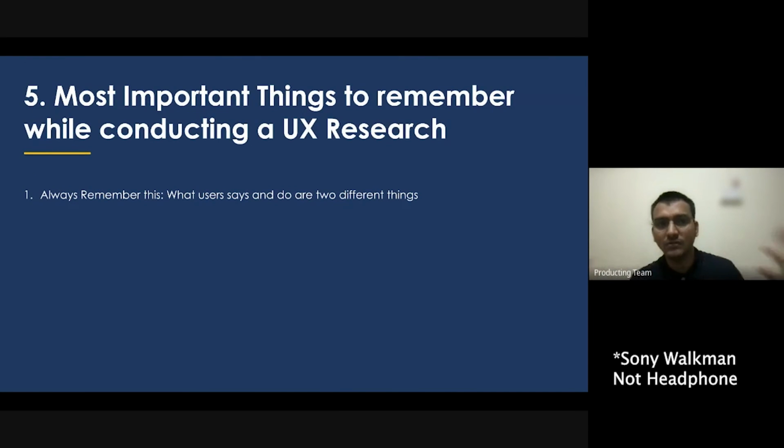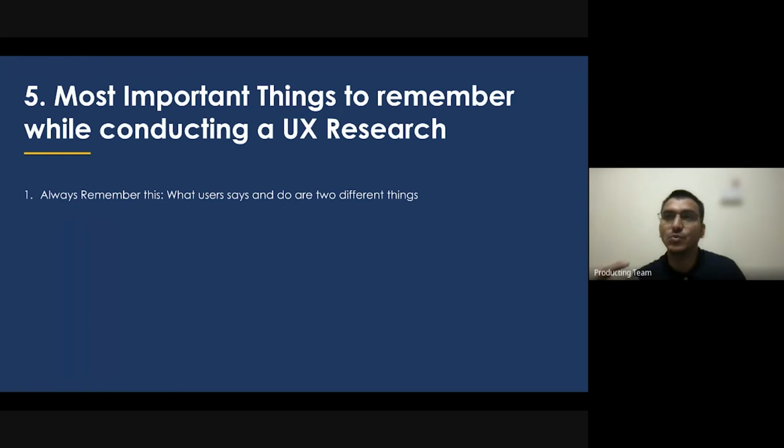They called a lot of teens for the research, and when the researcher asked them which color they would prefer the most, they didn't ask it directly. I'm just giving you a reference. So when they asked which color they would prefer the most, most of them opted for yellow color, right? So they are saying that they would like the yellow color to be purchased.